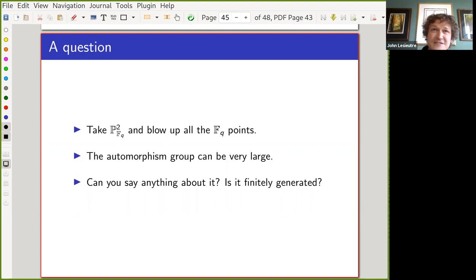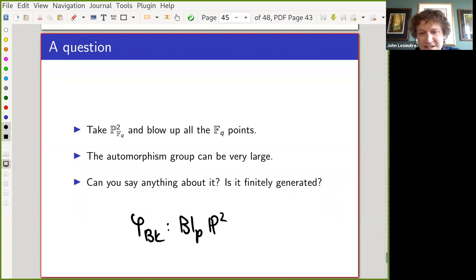That means that some iterate of McMullen's map or of Bedford and Kim's map is also defined on, let's say you took the Bedford-Kim map from the blow up at some configuration in positive characteristic to the same blow up.